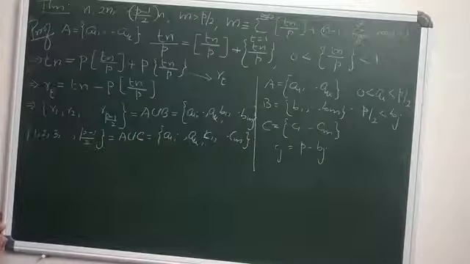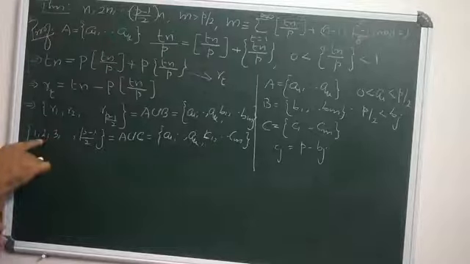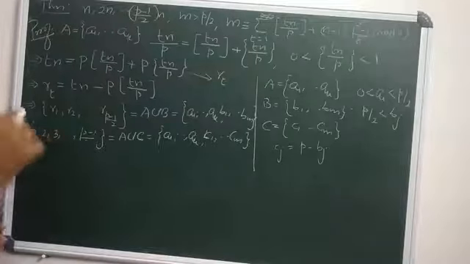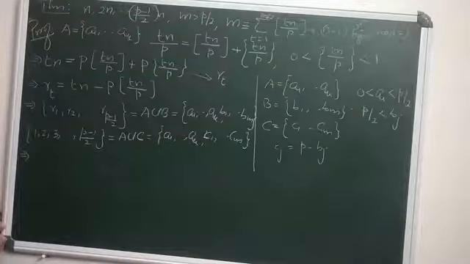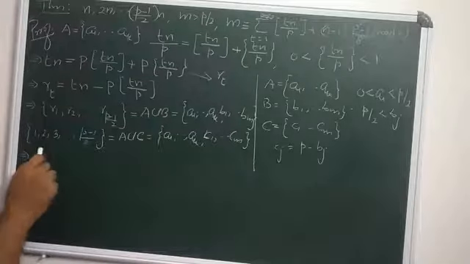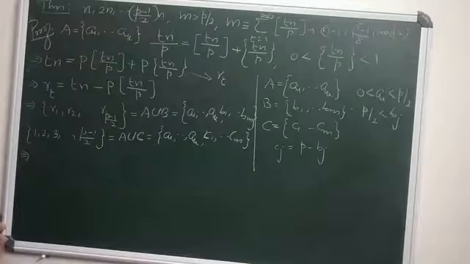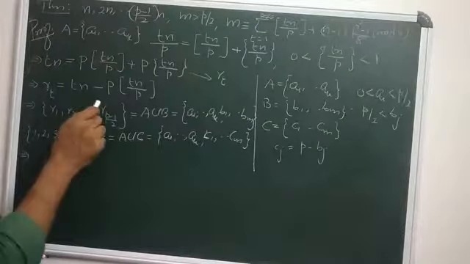Agreed. Now, from here, what about 1 plus 2 plus 3 plus etc. plus (P minus 1) by 2? Moreover, again, R1 plus R2 plus etc. plus R(P minus 1)/2. You can add the elements in this set.